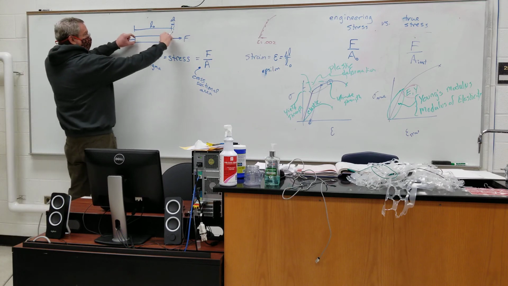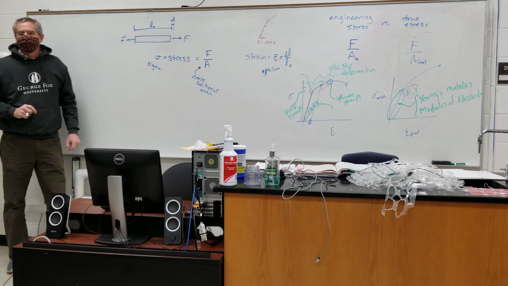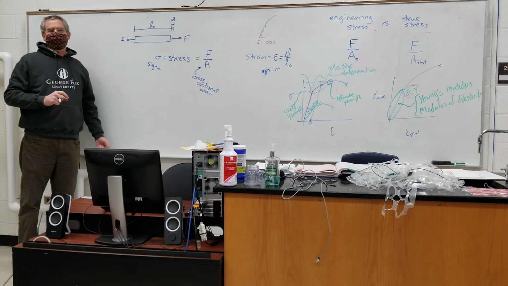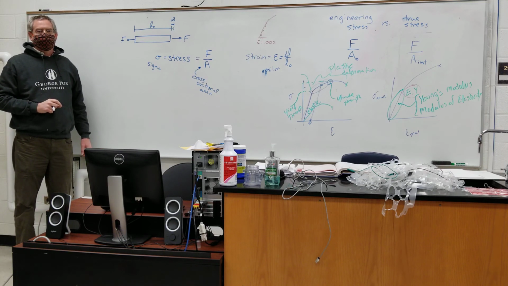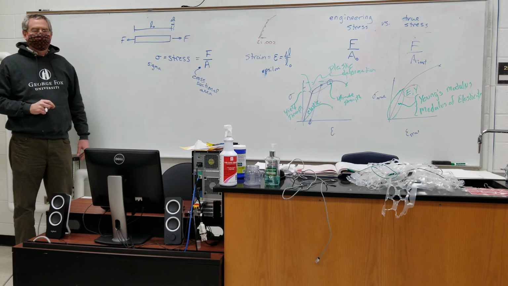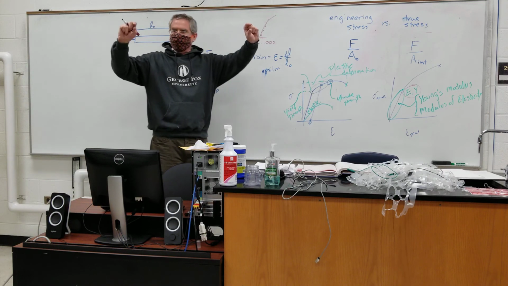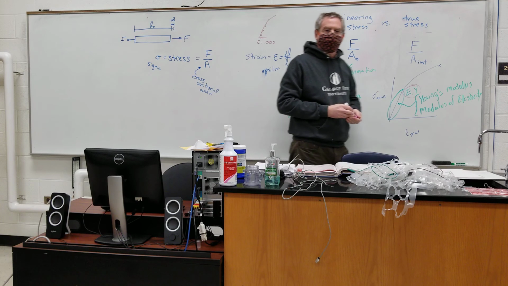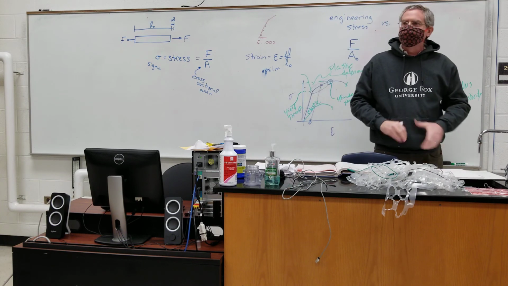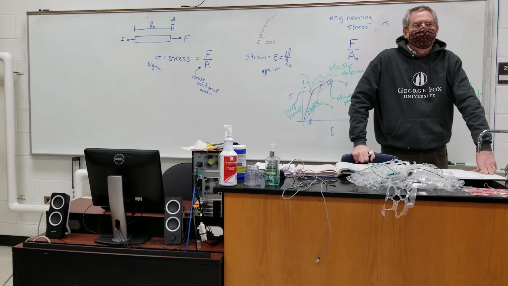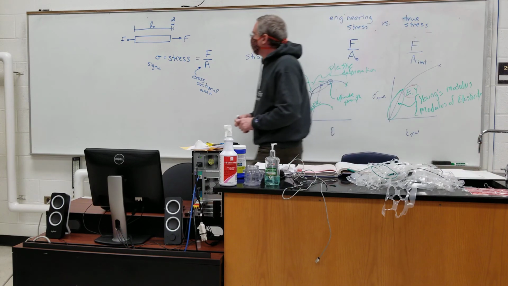So as I take this and I pull it and it stretches a little bit, other things are going to happen. We're in the elastic region, but what else most likely is going to happen to this metal bar as I make it longer? The cross section's going to get thinner towards the middle.